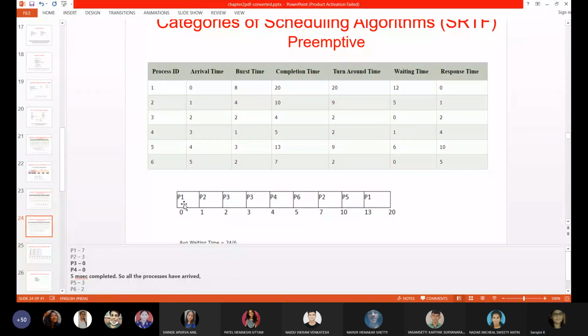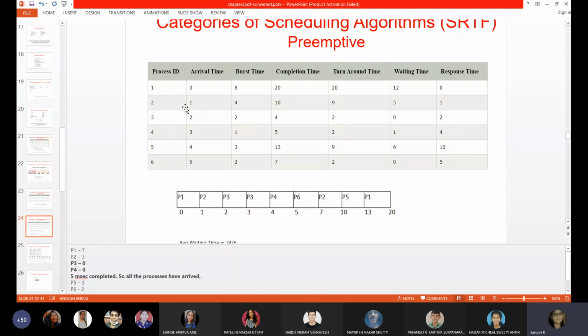So process P1 enters the CPU. It started at the 0th millisecond. Its execution time is 8 milliseconds, but it completes 1 millisecond, from 0 to 1. When that millisecond got over, at that time, assume that process P2 arrived.